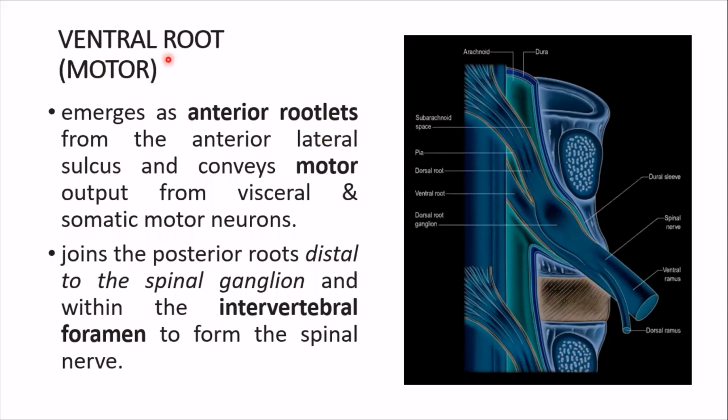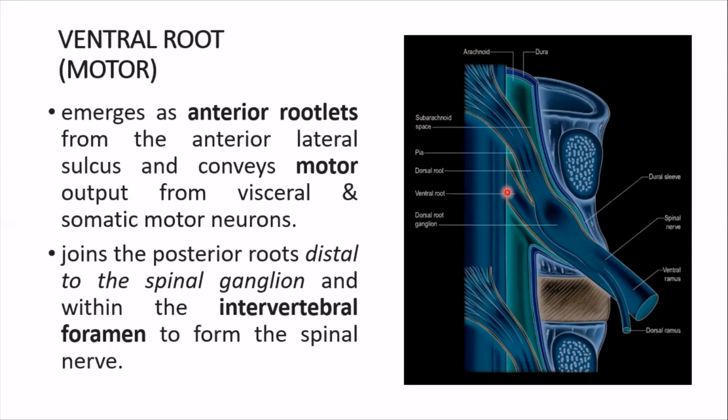Of course I told you it has two roots. The ventral root, which is motor, we describe first. I told you already that the anterior root, or ventral root, emerges as anterior rootlets, shown already in the picture, and conveys motor output from the visceral and somatic motor neurons.